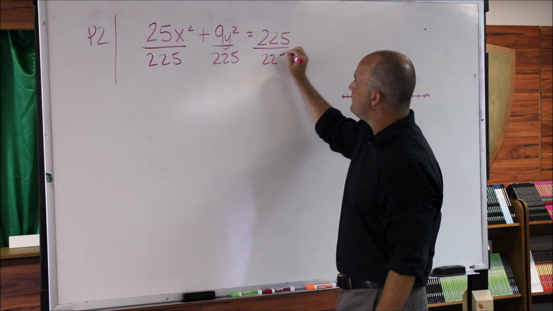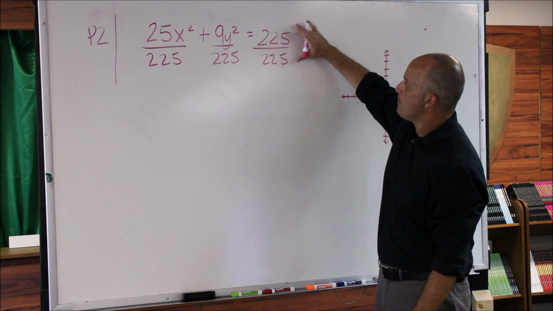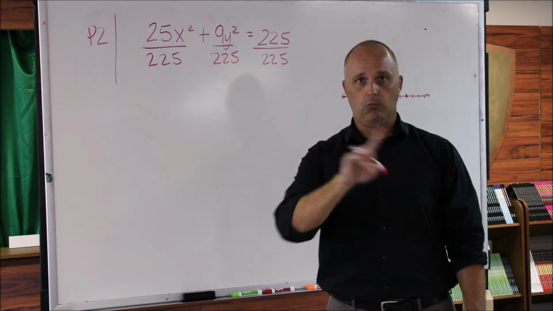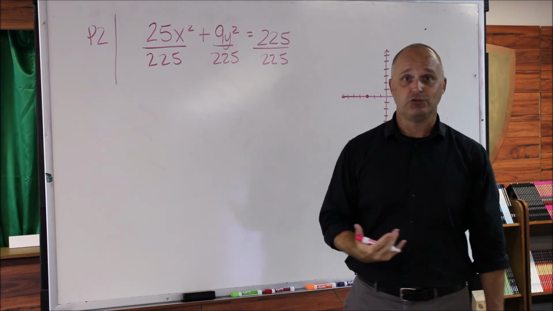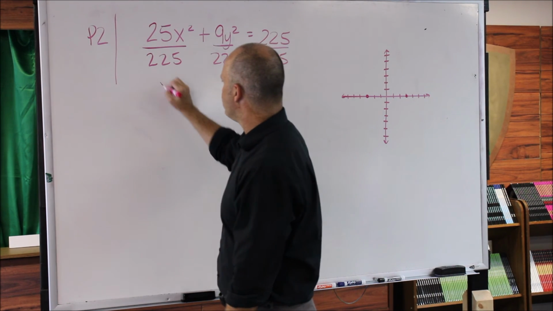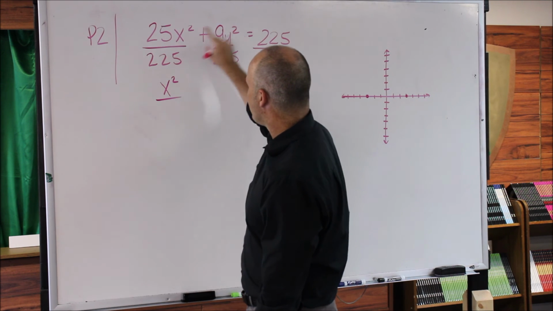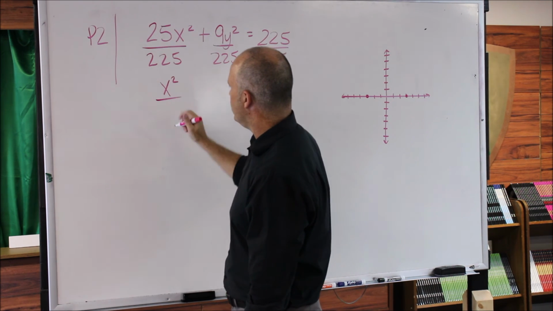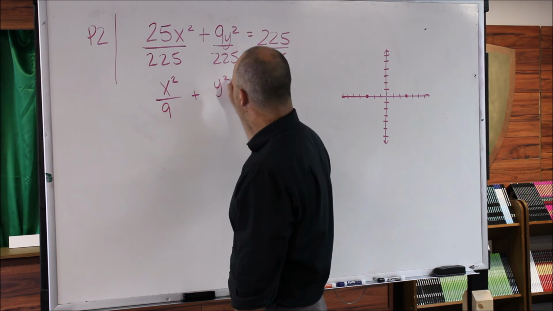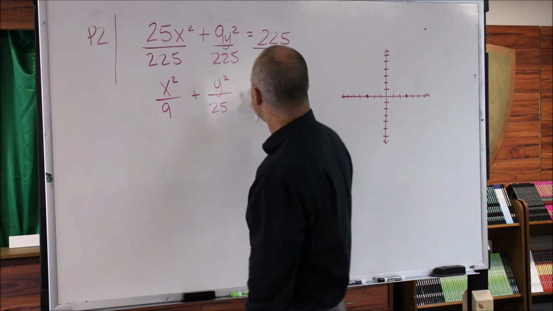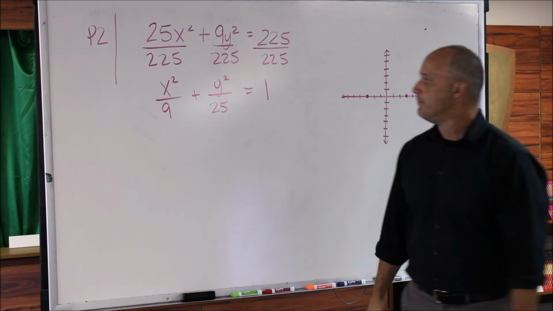Remember, the reason we're doing this is because we want the number over here by itself to become 1. What you'll notice is that 25 times 9 is 225, so really we're just reducing this down and switching these numbers. We get x squared over 9 plus y squared over 25 is equal to 1.